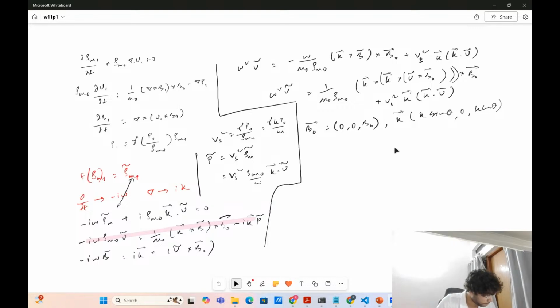Now we just use this relation into this and simplify this equation, right? So this will turn out to be omega square, and we divide by k. So omega square by k, times ux tilde, uy tilde, uz tilde. Just writing it in matrix form.